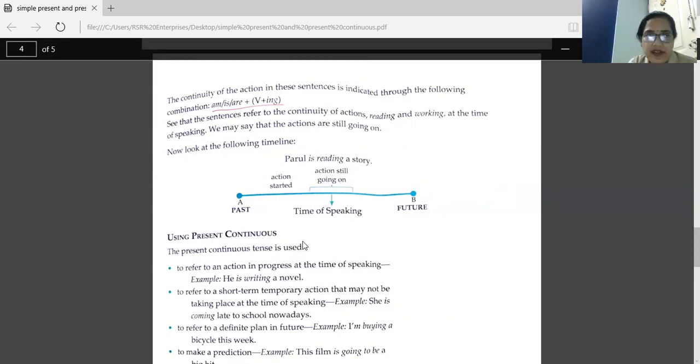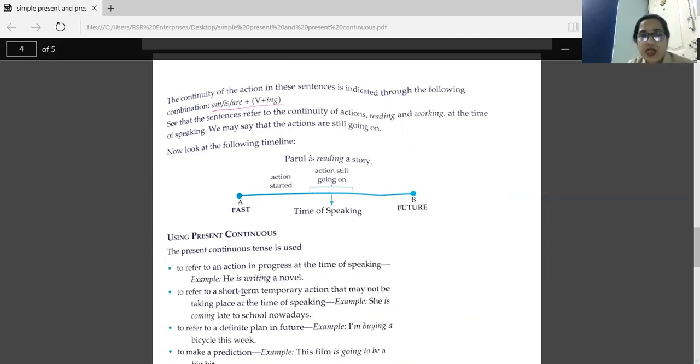Now let's see where we can use present continuous tense. See this first one. To refer to an action in progress at the time of speaking. That is clear. When you are speaking, at that time the action is going on. So he is writing a novel. That means at the time of speaking, what he was doing, he's writing. So is writing shows it is present continuous tense.